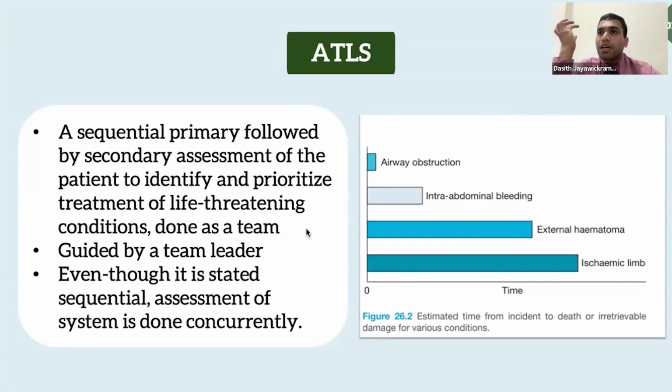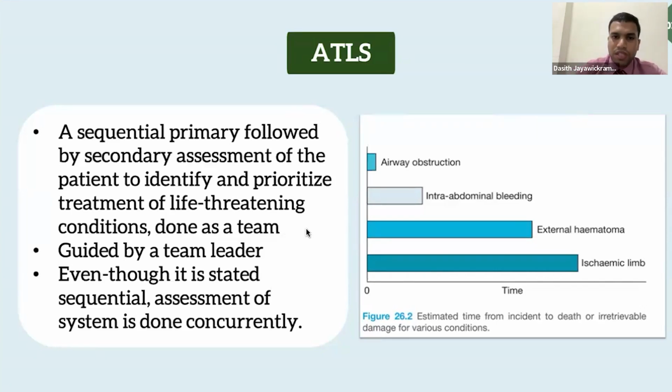For example, with EDH the patient will take hours to die, but with intra-abdominal bleeding, the patient might take around 20 to 30 minutes. So it takes more priority. That is why there's a sequence, but all of this should be assessed concurrently.